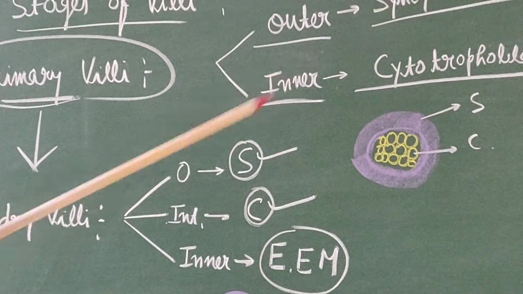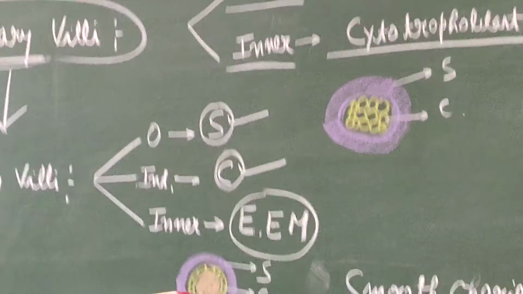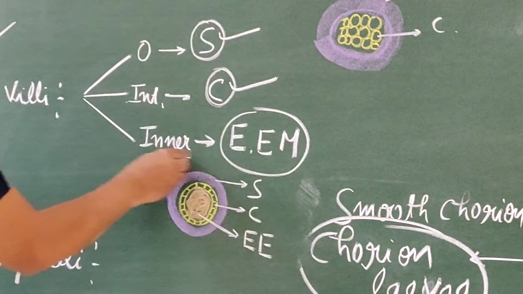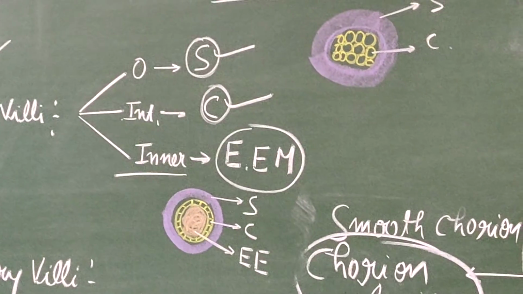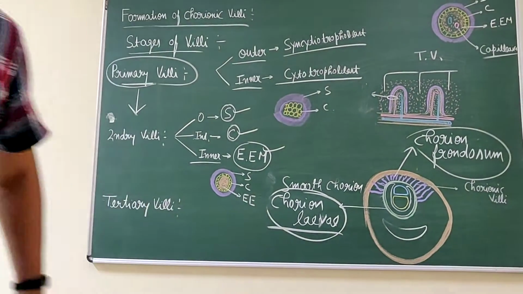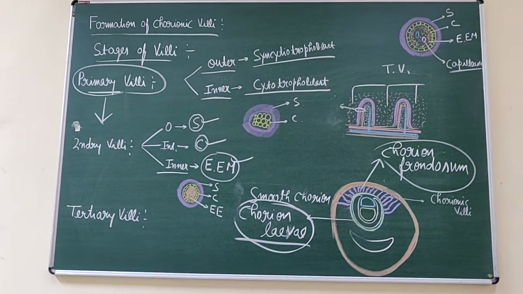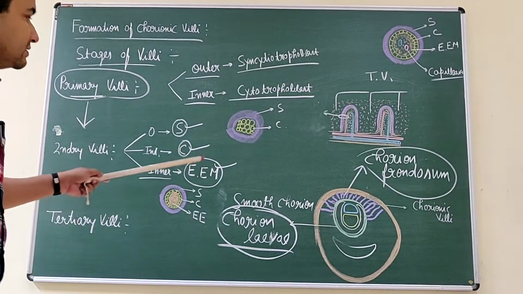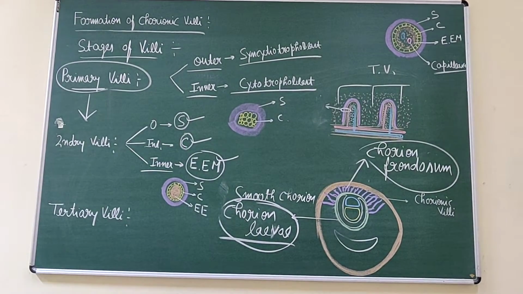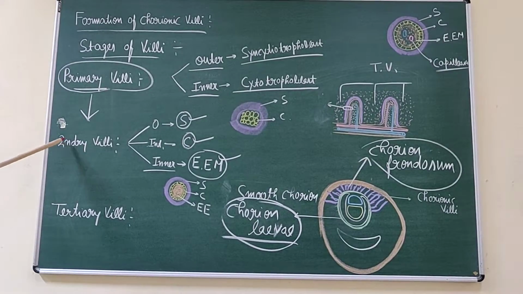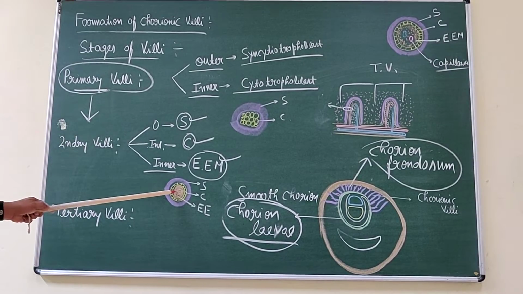The innermost layer is invaginated by the extra embryonic mesoderm. The extra embryonic mesoderm that lies just deep to this cytotrophoblast is the somatopleuric layer. So this secondary villi has three coatings.